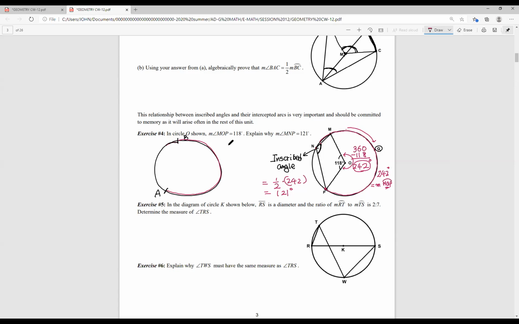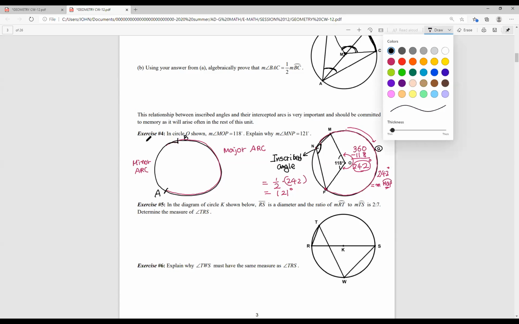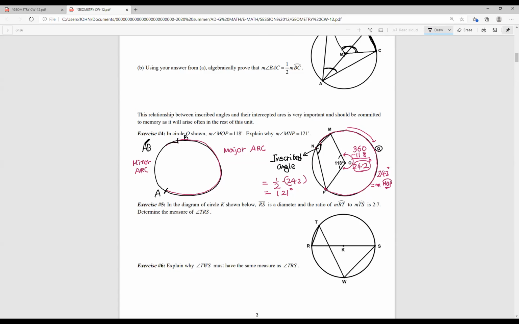This long arc is what we call the major arc. The small one is the minor arc. They have different names, okay? But this minor arc can be expressed as just AB. That's okay.